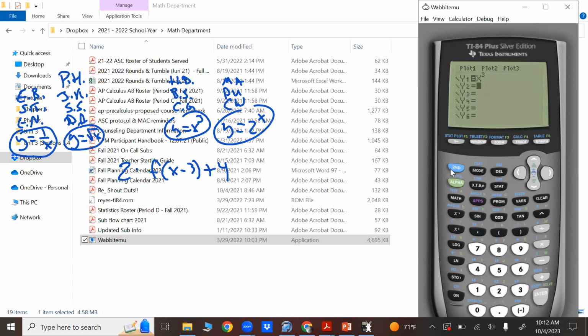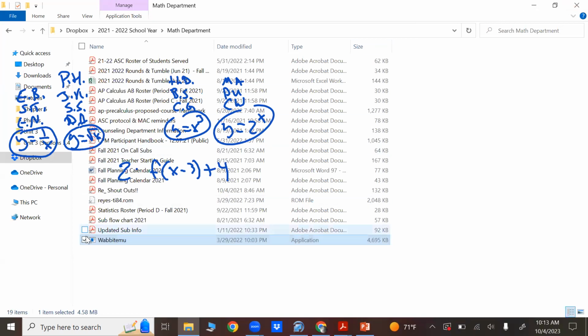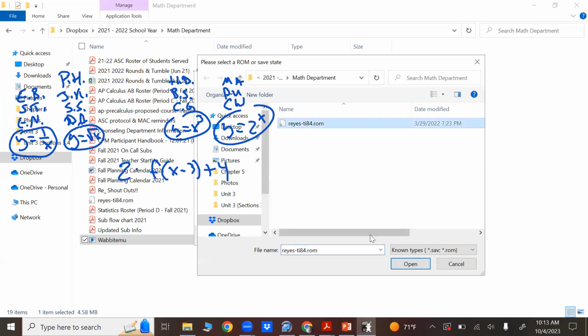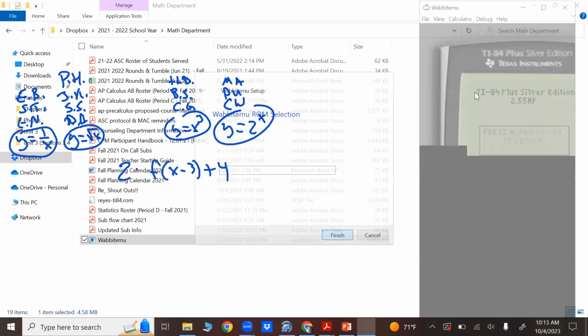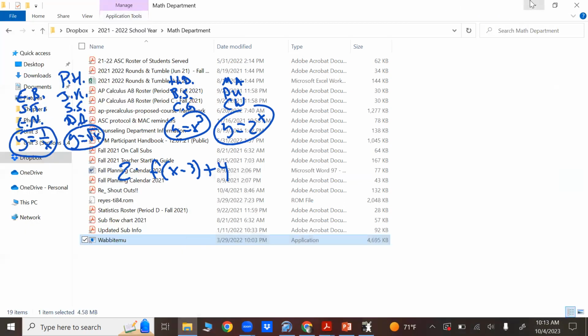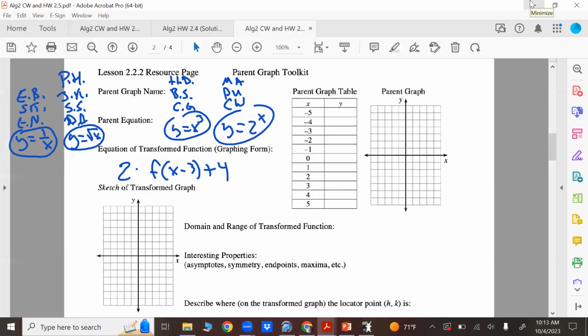You can punch it in your calculator, and if you do second table, you get all your values like this right here. So you can totally plug into a table and get the answers really easily. And then you're going to do the transformation once you have the parent graph figured out.